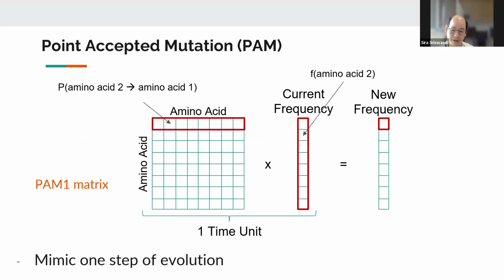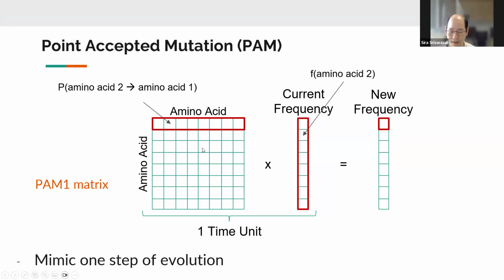The second way, which is more theoretical, is for those of you who still remember matrices or linear algebra. If I give you a 20 by 20 matrix, and each cell tells you the probability that one amino acid will turn into another amino acid through evolution, and you have the frequency of amino acids in your protein, and I multiply this matrix by this frequency of amino acids, you get the frequency of amino acids after one unit of evolution.